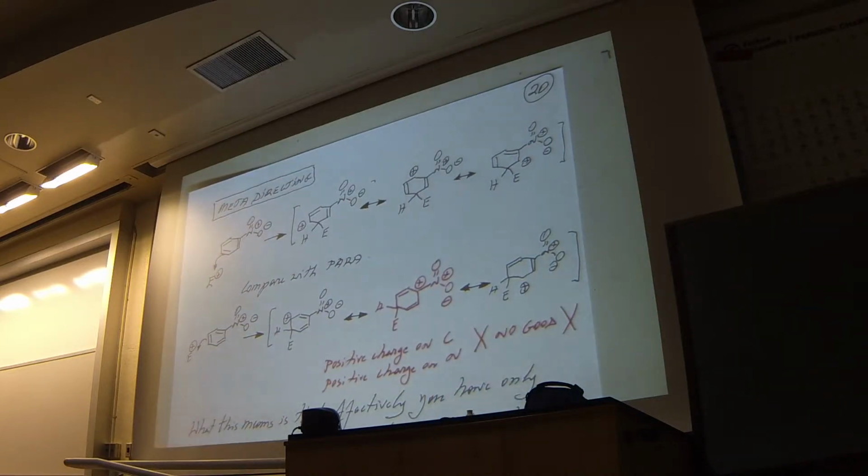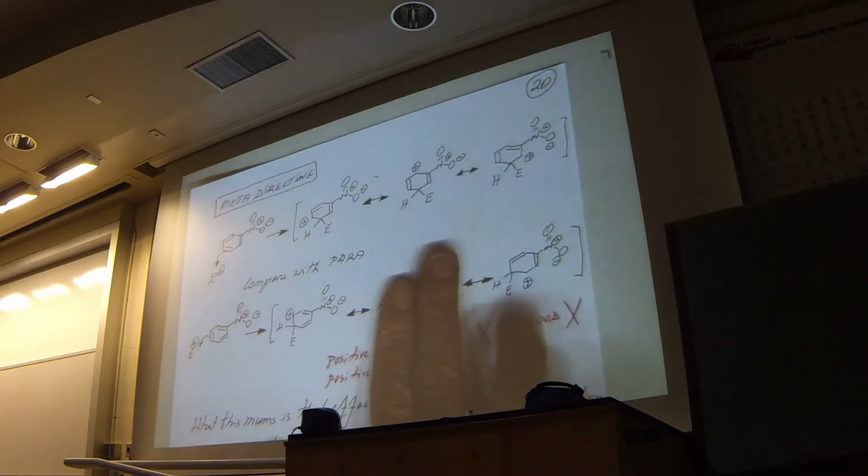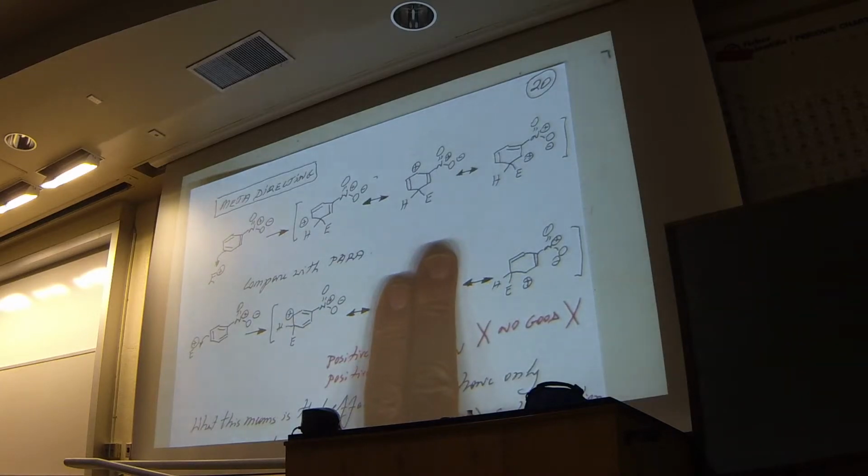Well, no good doesn't mean it's bad. It means that it's high in energy. Placing those two positively charged atoms adjacent to each other is going to cost you a lot of energy. What that really means is that this resonance structure is unimportant. It doesn't count, as if I only have two resonance structures.